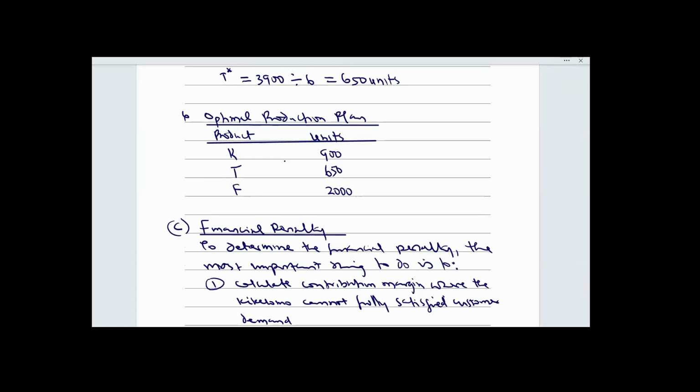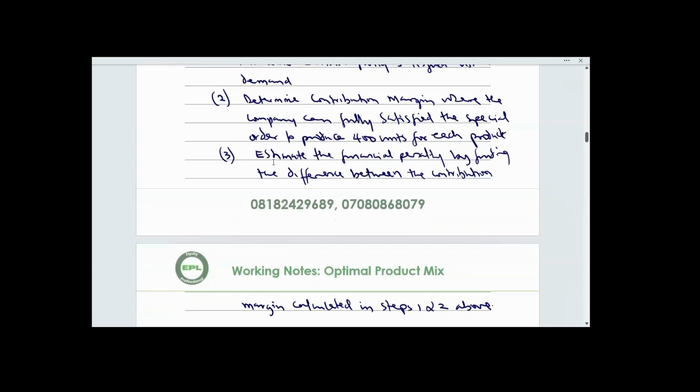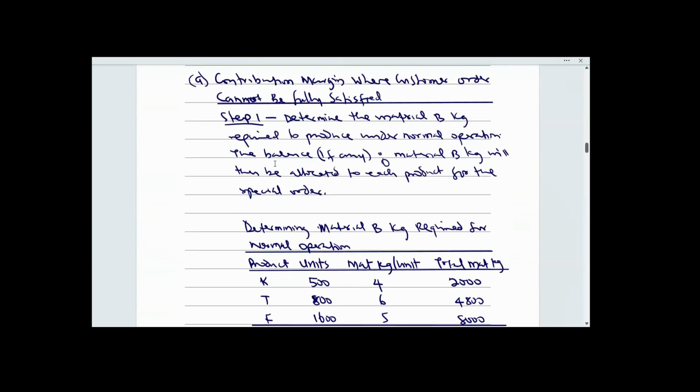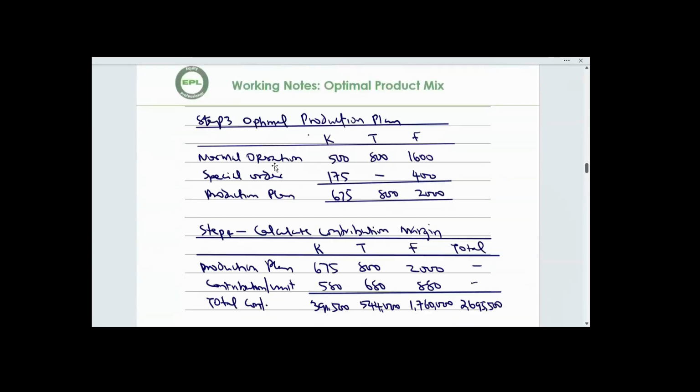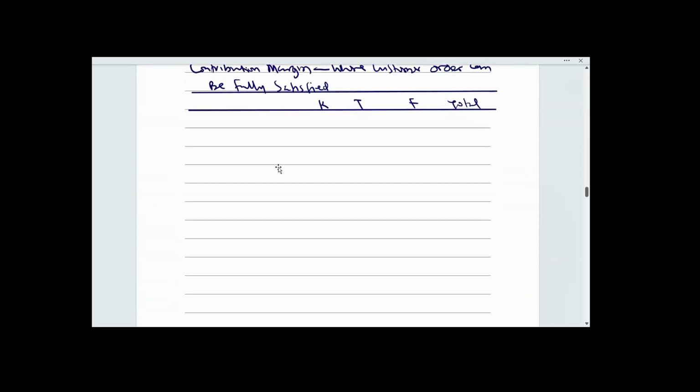For T, out of 650, you produce 400 units for special order, and for F, out of 2,000, you first produce 400 units for the special order. The balance is what you are going to sell to external customers. That's the implication of giving high priority to the special order. Under this circumstance, what will be your contribution margin?